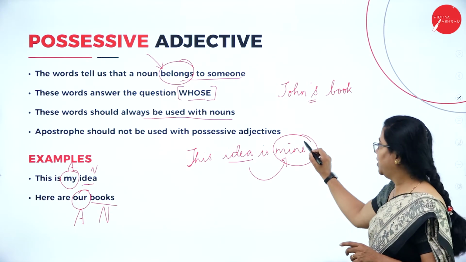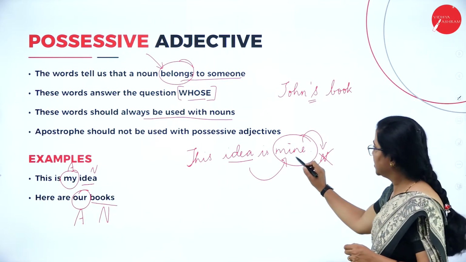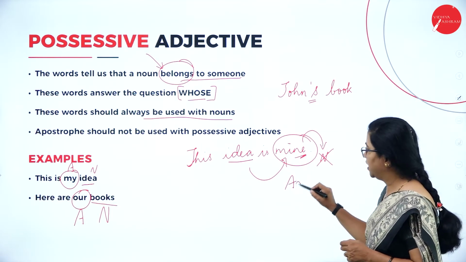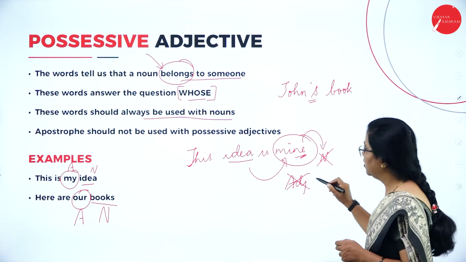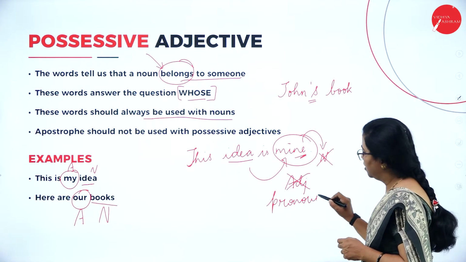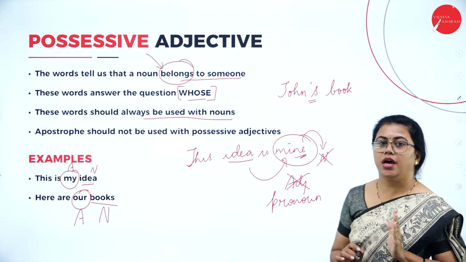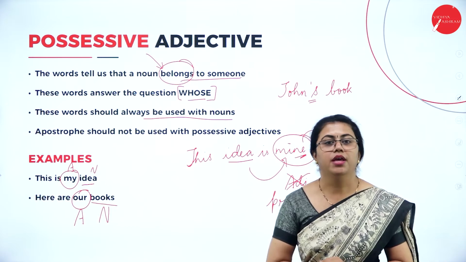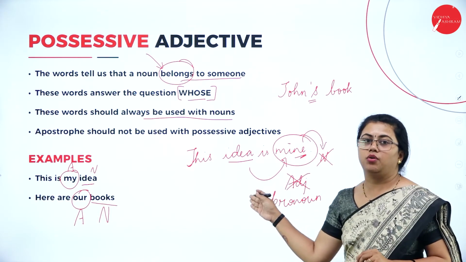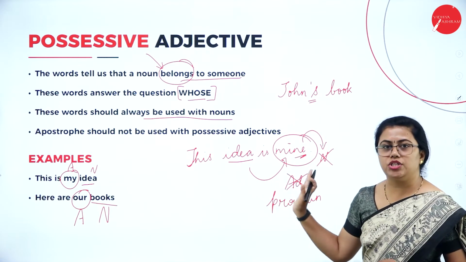But no, after this, there is no noun. Hence, this does not become an adjective. This is not an adjective, but it is a pronoun. Okay, it is a possessive pronoun. So whenever you are using it with a noun, it becomes an adjective. Whenever you are not using it with a noun, it does not become an adjective. It becomes a pronoun in turn.